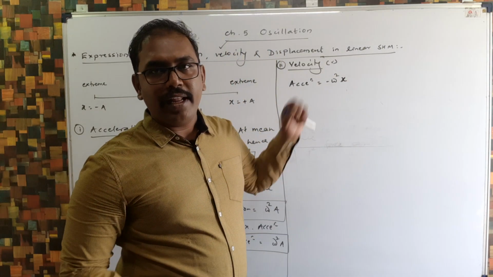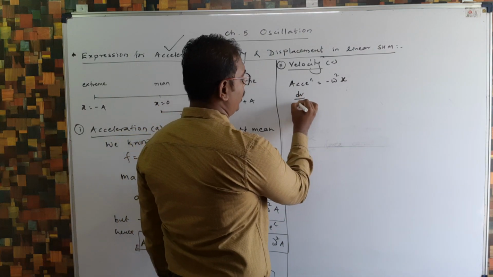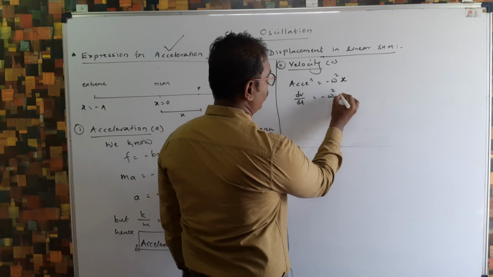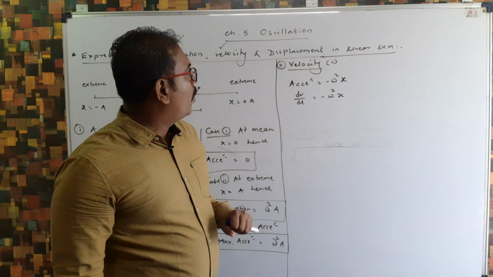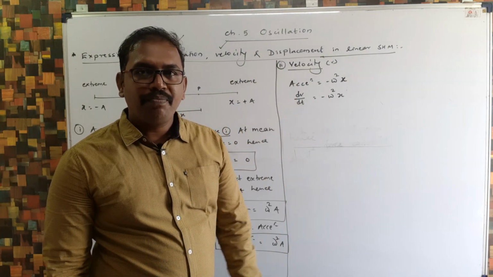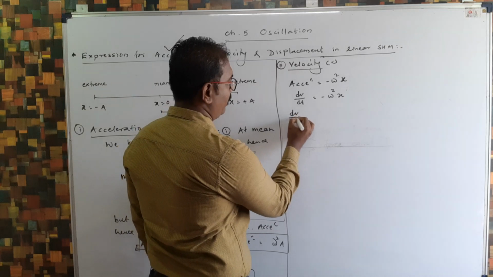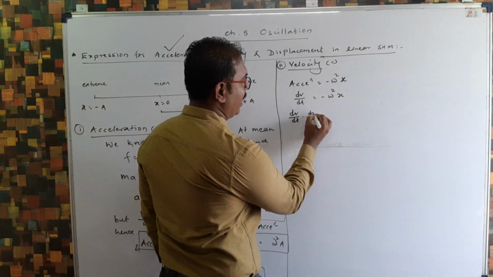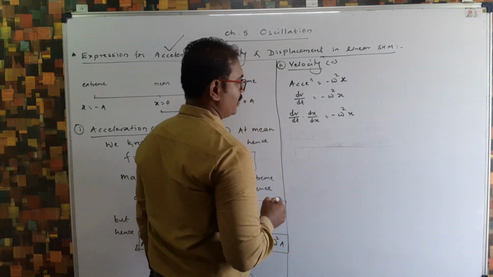Now here, acceleration I can write as dv by dt. In the previous article also we used dv by dt. Then after that, we have to find out velocity. I can do one little adjustment here. So this dv by dt as it is, I can multiply by dx and divide by dx, is equal to minus omega square x.